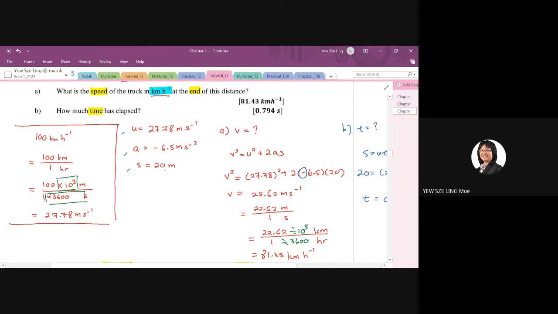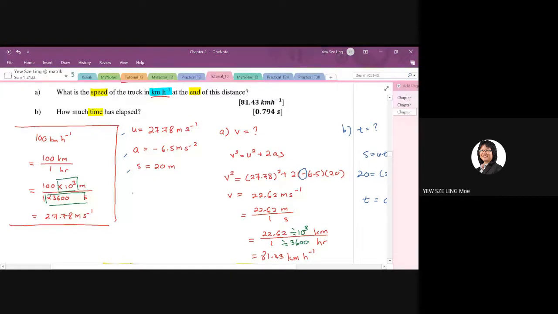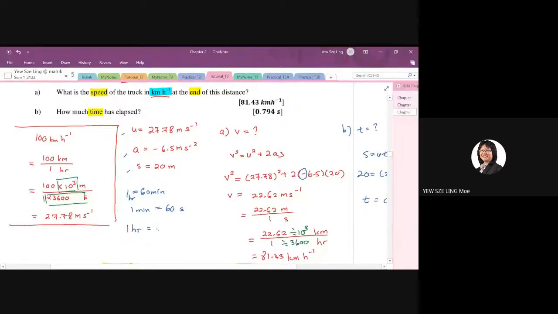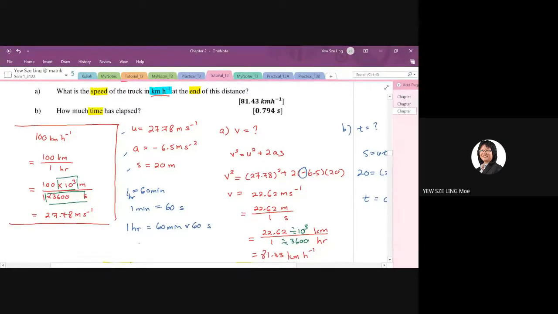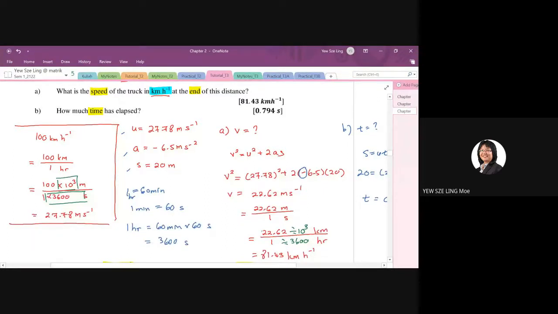You have 1 hour. 1 hour is equals to 60 minutes, and then 1 minute is equals to 60 seconds. Therefore, what does it mean? 1 hour is equals to 60 minutes times 60 seconds. So you got 3,600 seconds. Oh, okay. Thank you, madam.